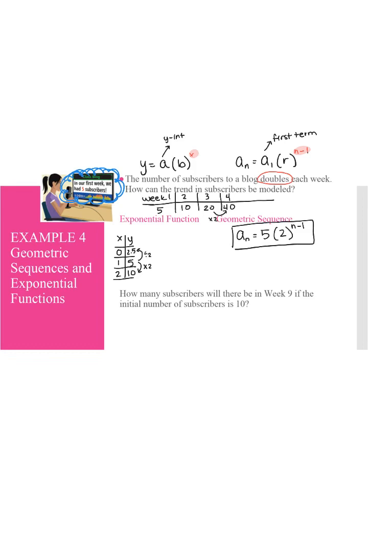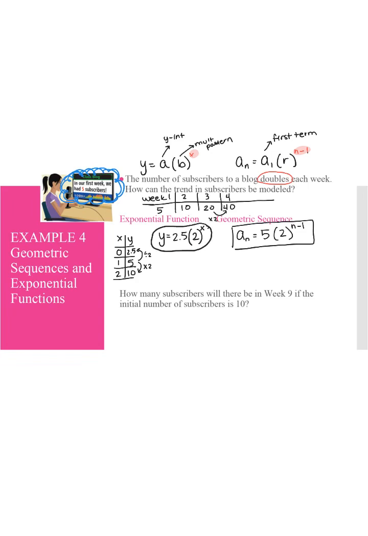So that would be 2.5. And the only reason I have to do that in this problem is because in this equation, I need that a to be my y-intercept. The b still represents our multiplication pattern. So I would still put a 2 there, and then to the power of x.